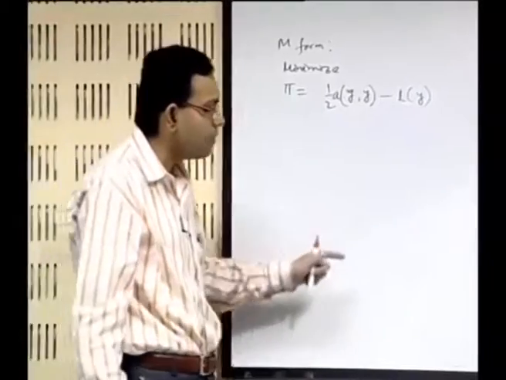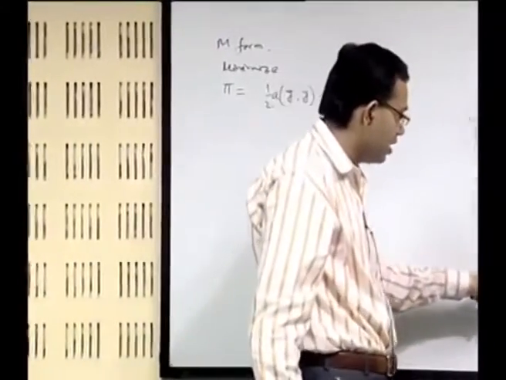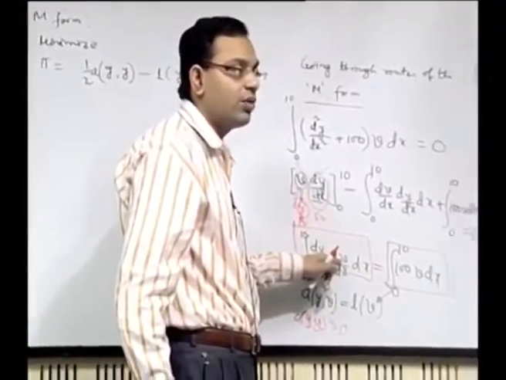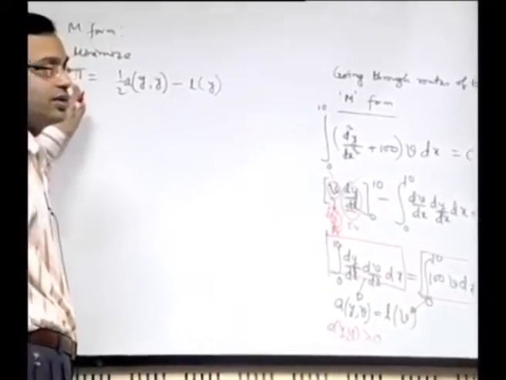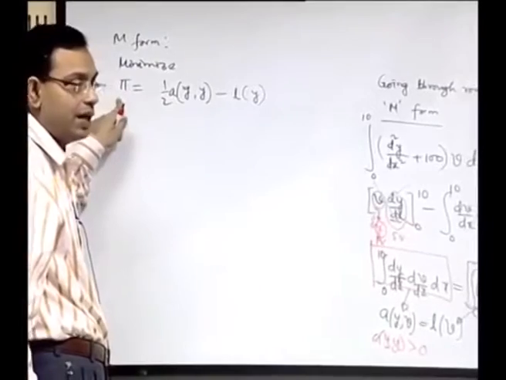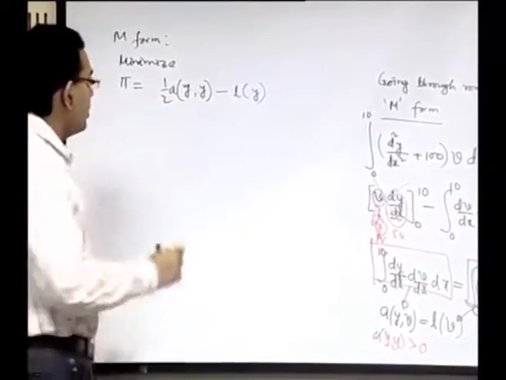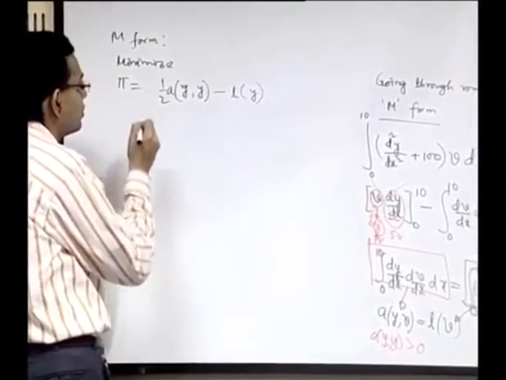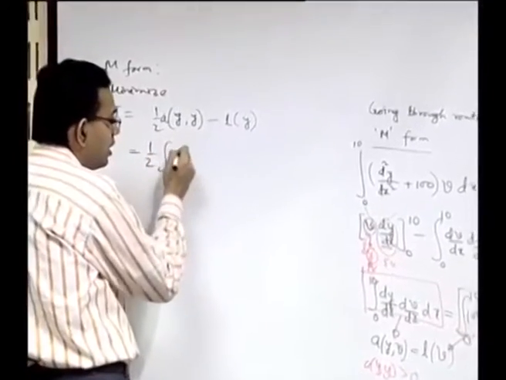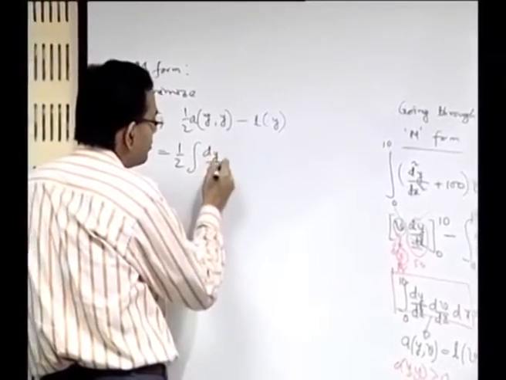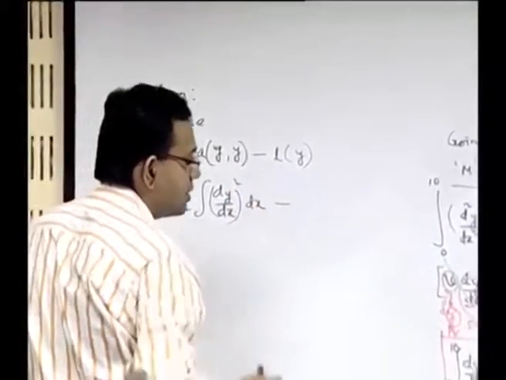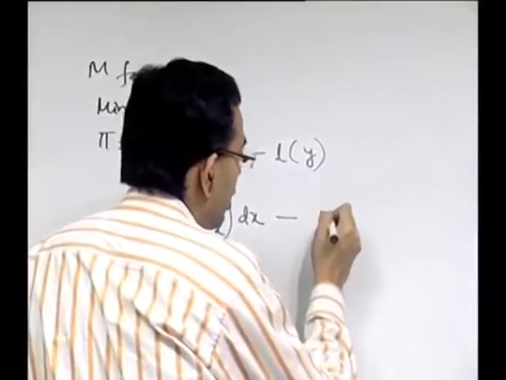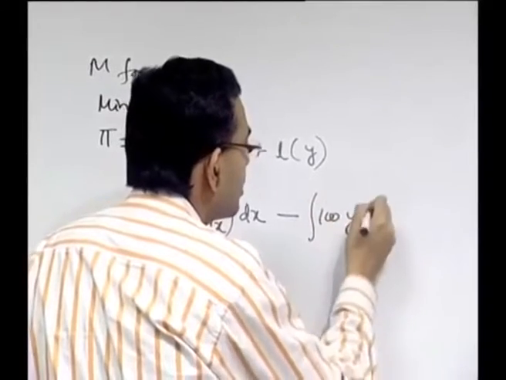It is very easy to derive it straight away from here by substituting v equal to delta y, and it will come out to be delta of this pi equal to 0, that means minimize pi. So, that means minimize half integral of dy dx whole square dx minus 100 y dx.